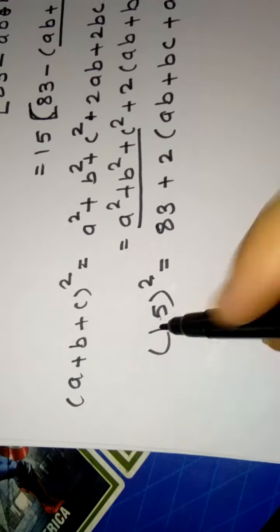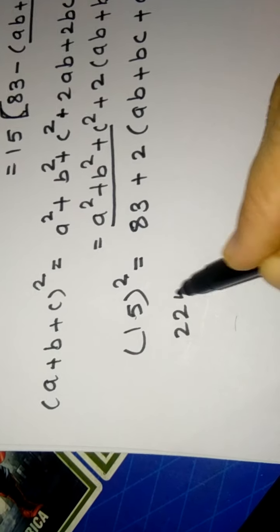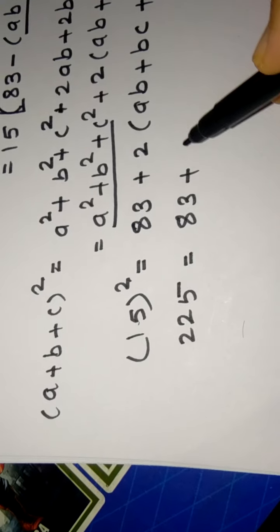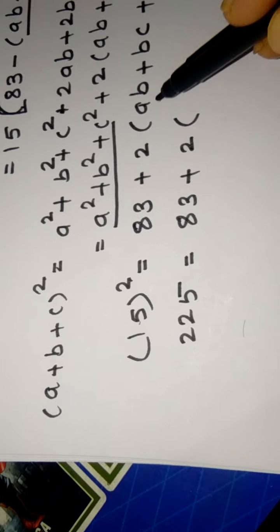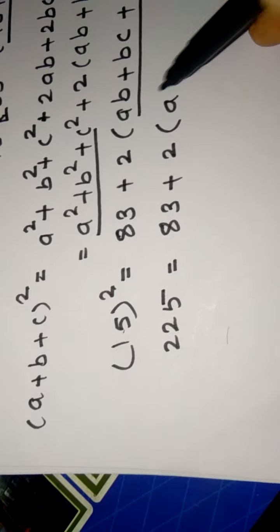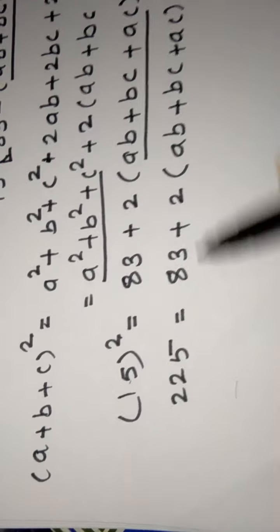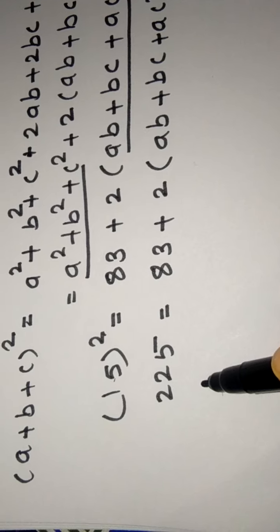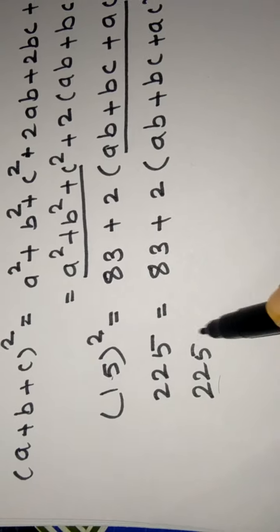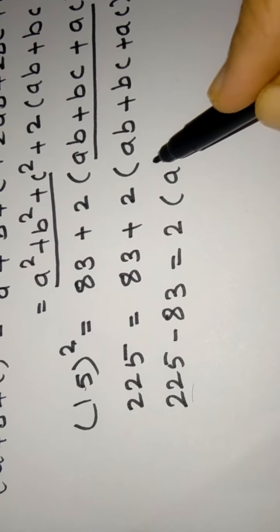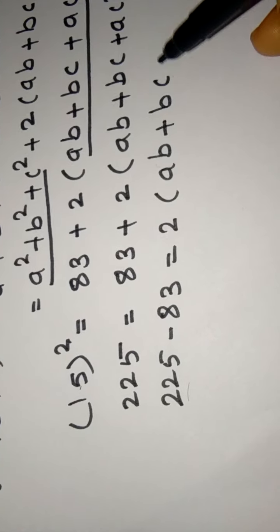That is, 15 square is 225, equal to 83 plus 2 into this value we have to find, ab plus bc plus ac. Take this 83 here: 225 minus 83 is equal to 2 times ab plus bc plus ac.